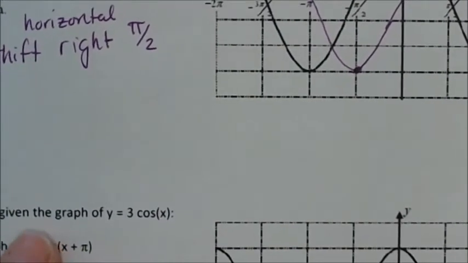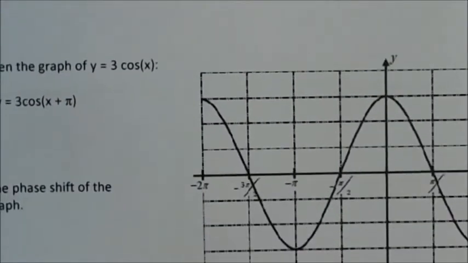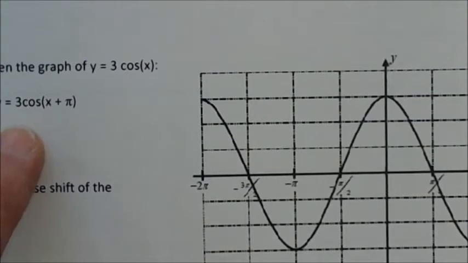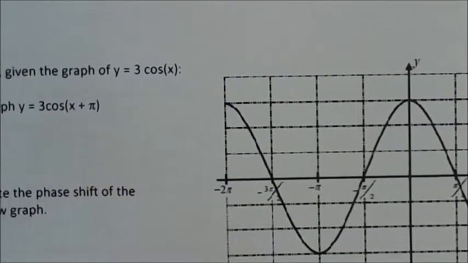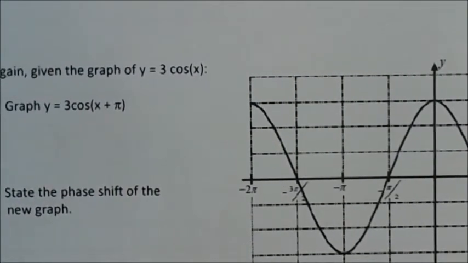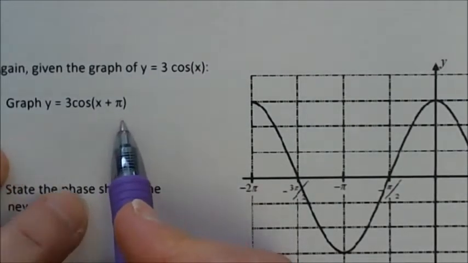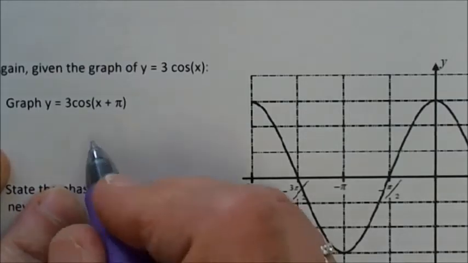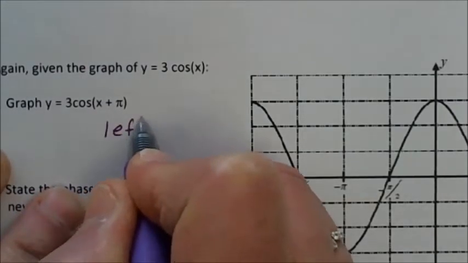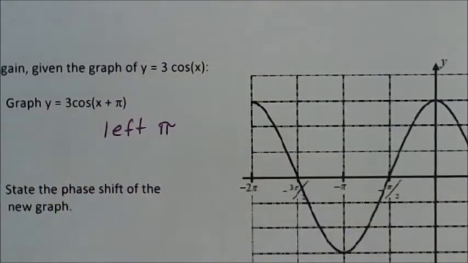Again, given the same graph, y equals 3 cosine x, we want to graph y equals 3 cosine of x plus pi. Well, the plus pi inside the parentheses means that we take each point and shift it to the left pi units. Right?